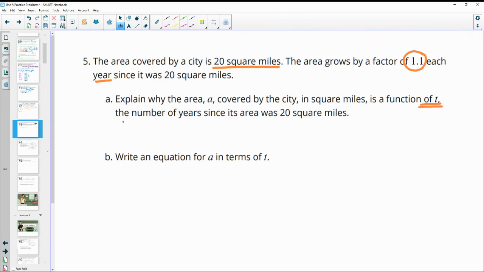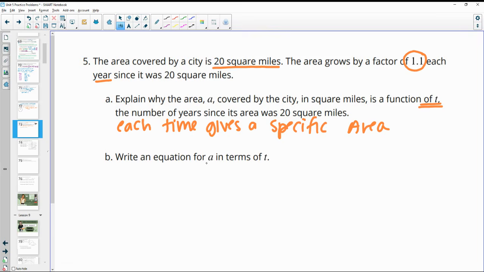And this is again because each time, which is our independent variable, gives a specific area. So if I tell you 4 years, you'll have a specific area, one area, not multiple different areas, just one. If I want to know what the area was after 7 years, one answer.